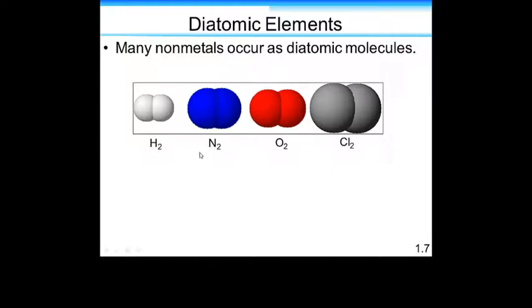Now you saw nitrogen earlier as a molecule, and certain elements in nature always are bonded to themselves, or are what is called diatomic. These, in our day-to-day life, at room temperature, are gases. And so they're diatomic gases.